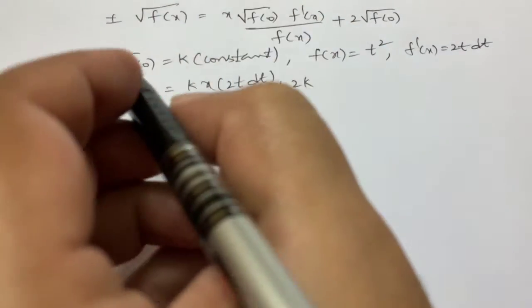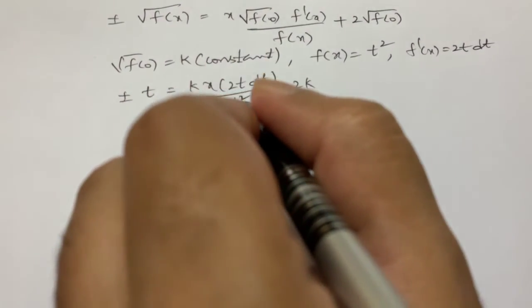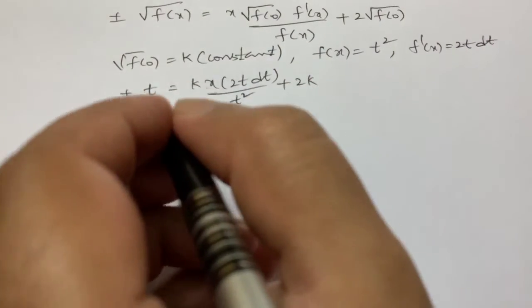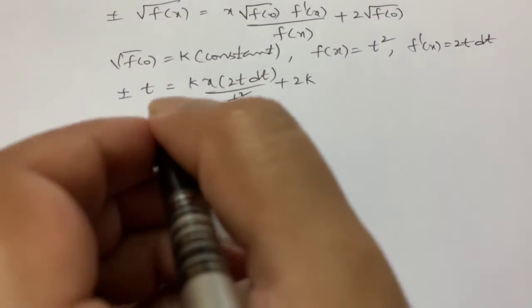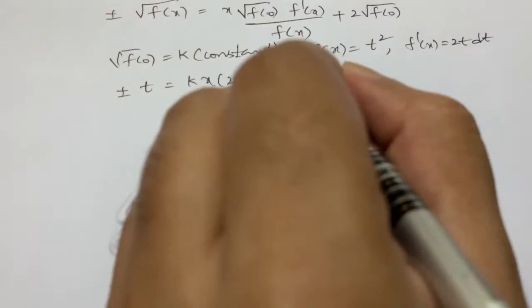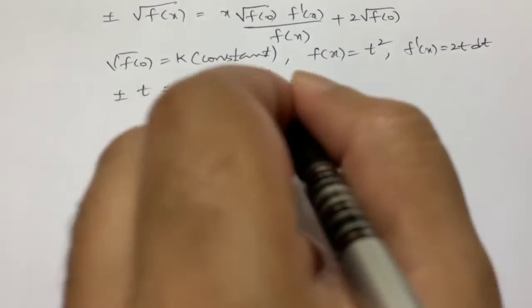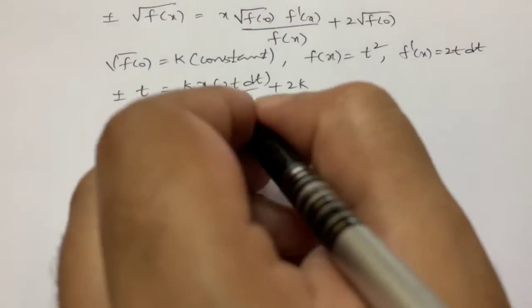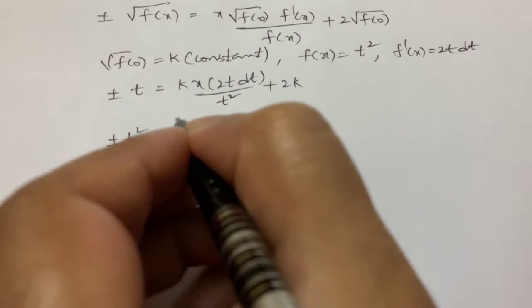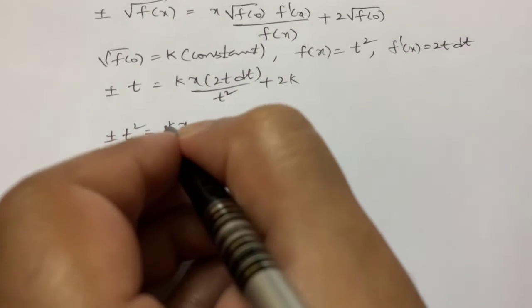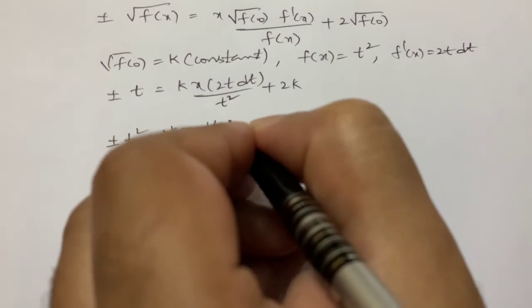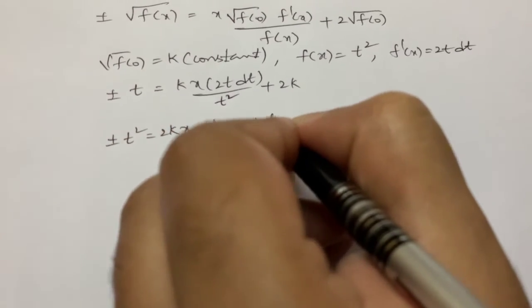So we can cancel one t, and this is constant, right? If I multiply this whole thing by t, we get ± t² = 2kx dt + 2kt.